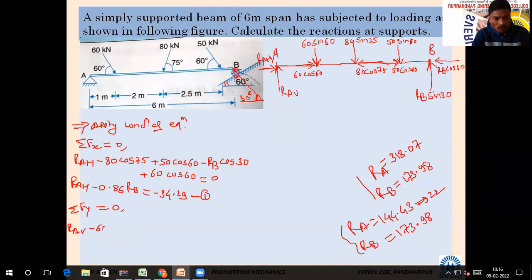Then we will take minus 60 sin 60, minus 60 sin 60, minus 80 sin 75, minus 50 sin 60, and which remains, plus RB sin 30. Sin 30 is half, no? Yes, sir. Okay. Then RAV plus 0.5 RB.